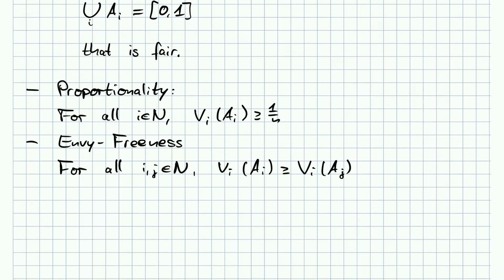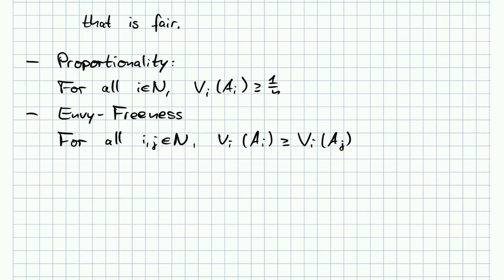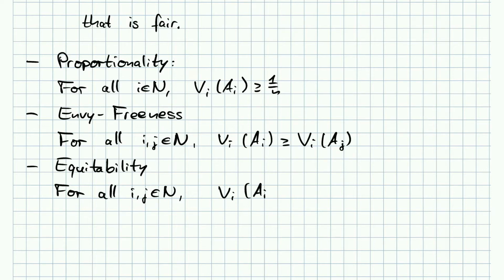Or there's a third property, namely equitability, which means that every agent thinks that everybody is getting the same.